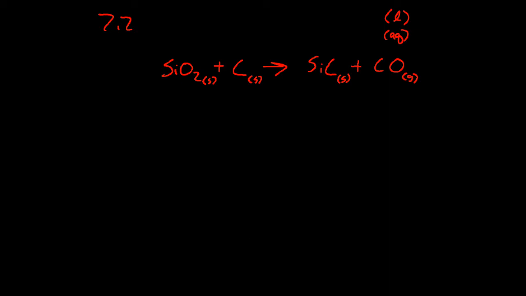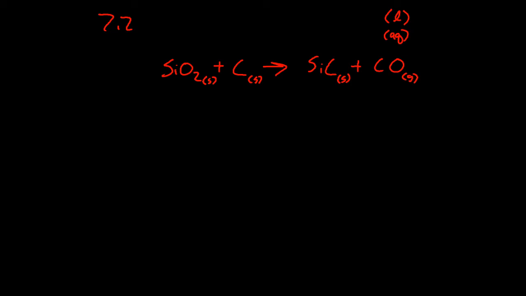It should not be too hard. This is a pretty simple example. So work through the steps and try to balance this equation. Just pause the video and do that, and come back when you think you've got it worked out.